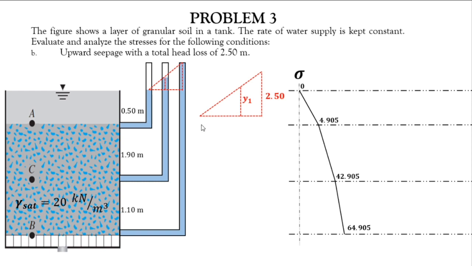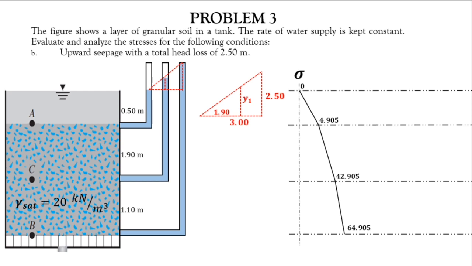Okay ha, tandaan nyo ha, na itong horizontal distance na to is actually the distance between points A and C. At dahil yan ay 1.9, pwede mo namang ilagay na lang na 1.9 to. And the distance from this point, that is point A, and up to this point, which is point B, tingnan natin dito, ang point A to point B ay 1.9 plus 1.1, that is 3 meters. Ayan na, kompleto na yung triangle mo.